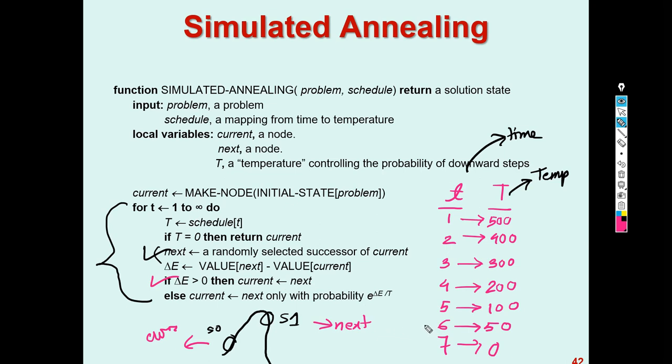And if the opposite happens, let's say we have now reached state 1 and we have picked a neighboring state, state 2. Now state 1 is the current state and state 2 is the next state.